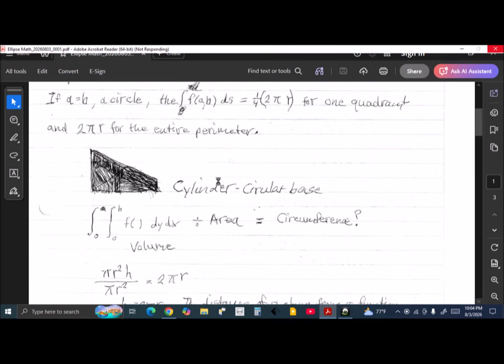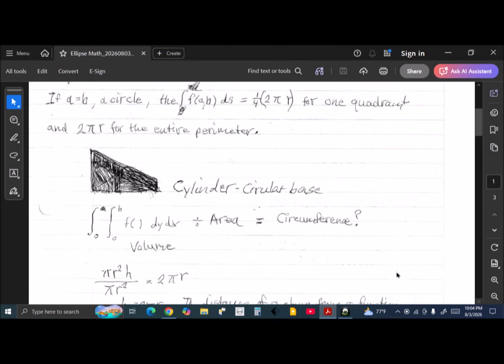So I abandoned this integration attempt, and I started finding a formula based upon the surface area of a cylinder.